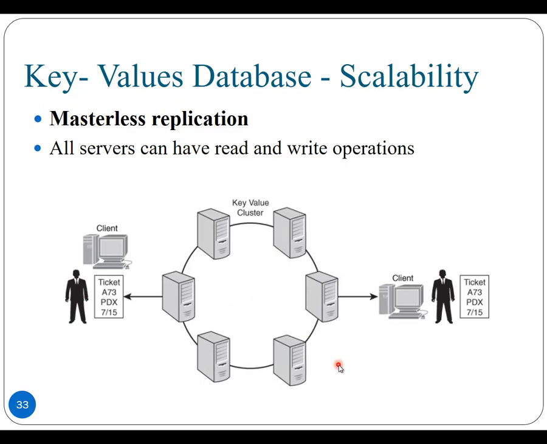The second architecture for the replication in the key value database is masterless replication. In this type of replication, all of the servers can have read and write operations.